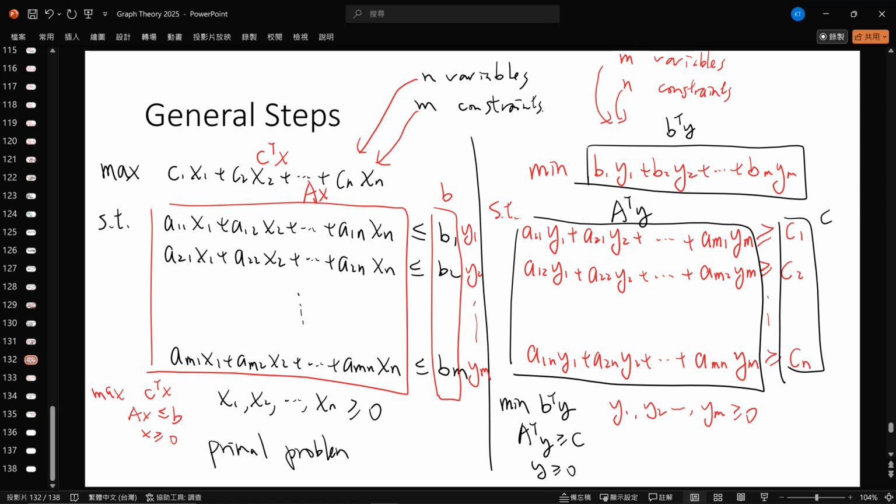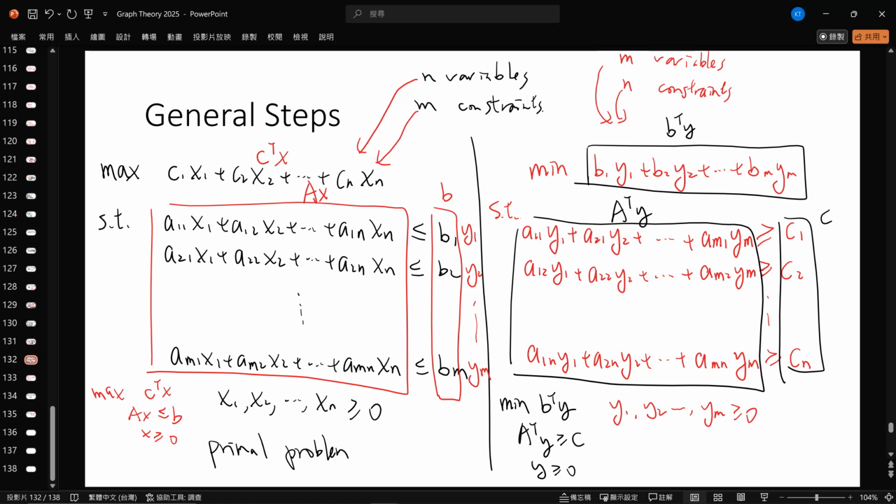There's also a quite compact way of representing this primal-dual transformation using matrices and vectors. We can use capital A to denote the coefficients in the constraints, and the variables x1, x2 up to xn form the vector x.